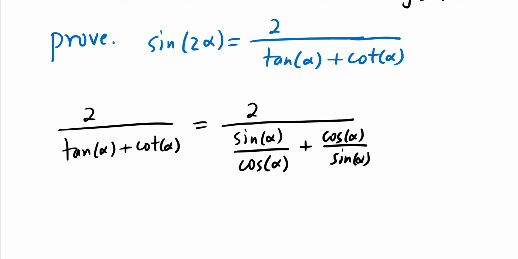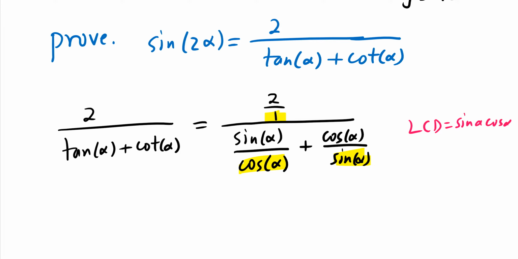Now I get a complex fraction. This 2 on the top means 2 over 1. I look at all the fractions and I look at the denominators, and find their LCD. What's the LCD here? LCD is sine alpha times cosine alpha.